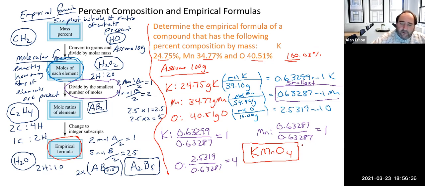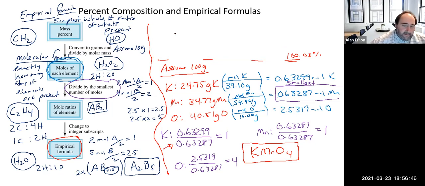If you hit a number when you're doing the division part, like this part here, for example, and maybe you hit a number like 1.33, or a 0.33 or a 0.50, or something like that.